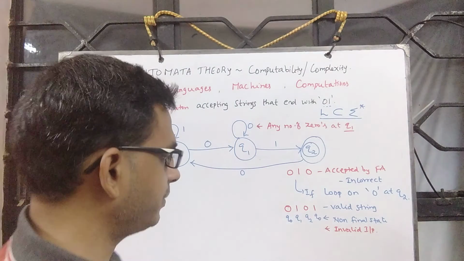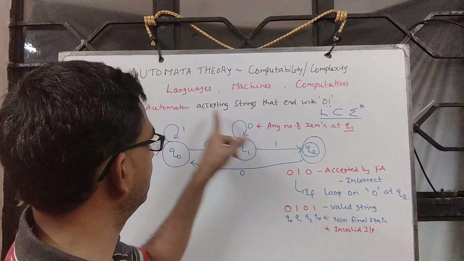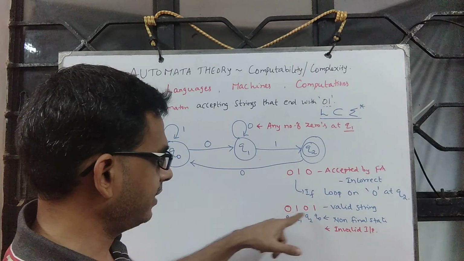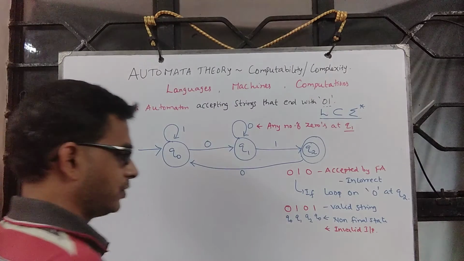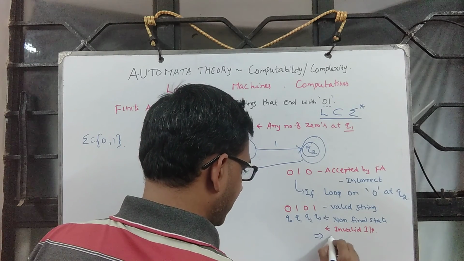The mission tells you that it is invalid input, but it is a valid input. It is an input satisfying this constraint. It is a string that is ending with 0, 1. So invalid input, which is incorrect.